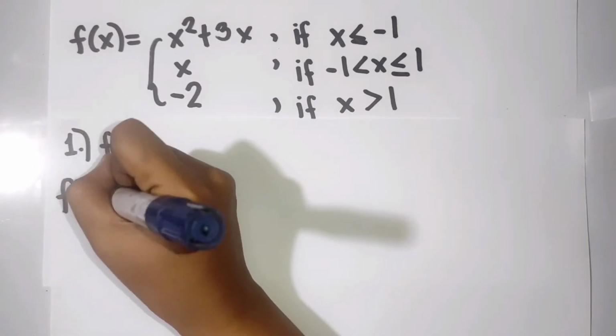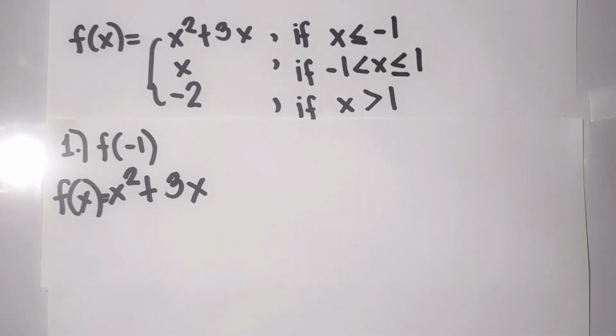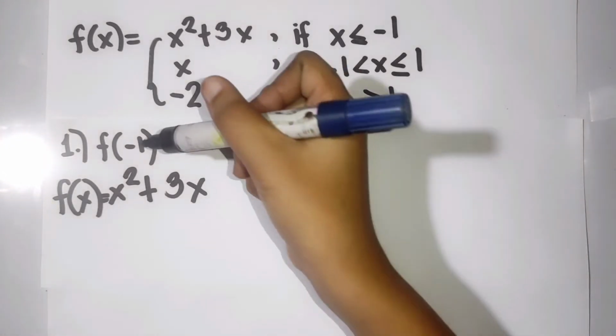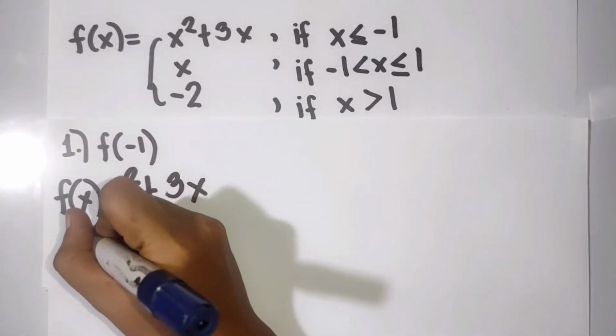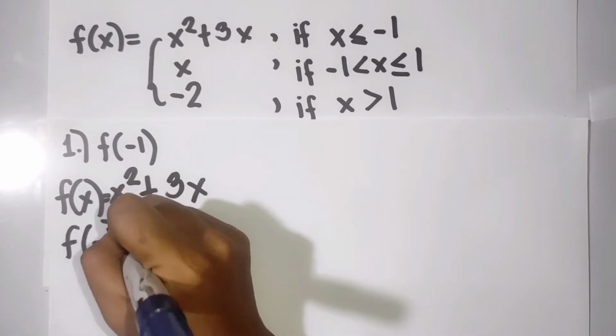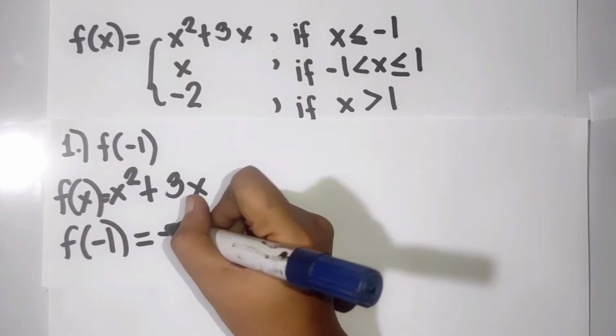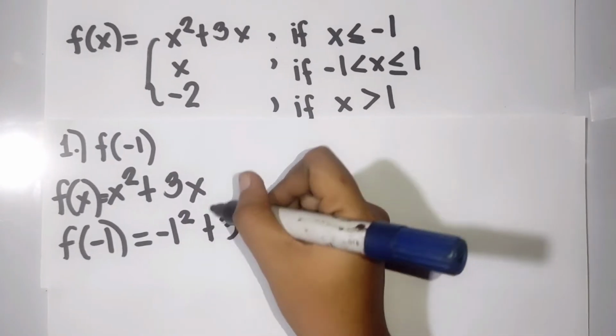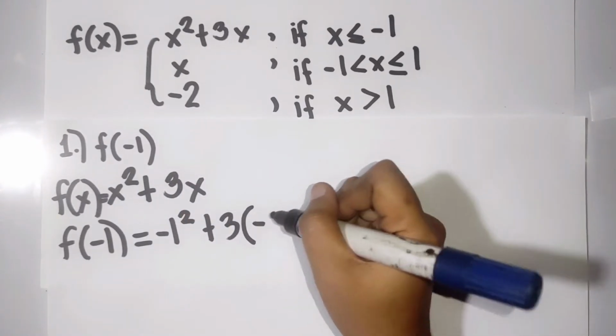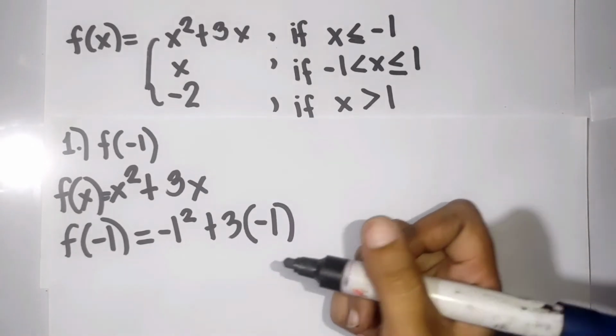f of x equals x squared plus 3x. Then let us substitute negative 1 for all x in the function. We have f of negative 1 equals negative 1 raised to the power of 2 plus 3 times negative 1.